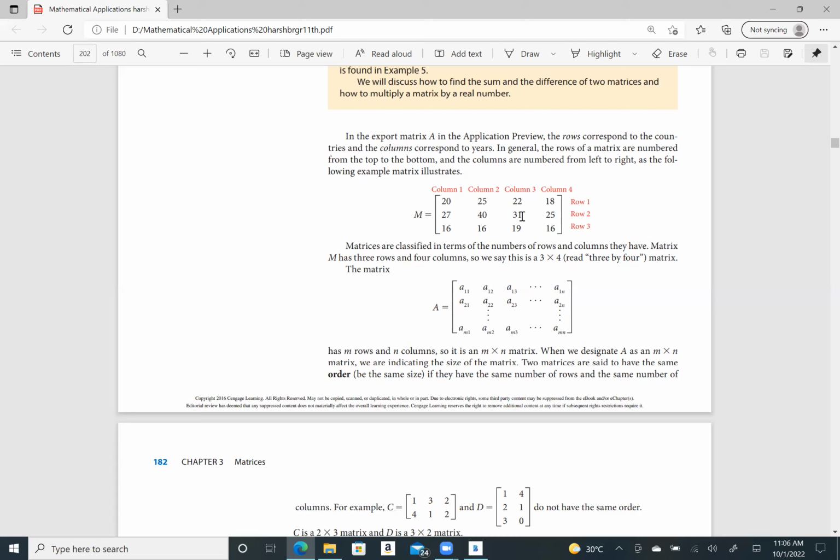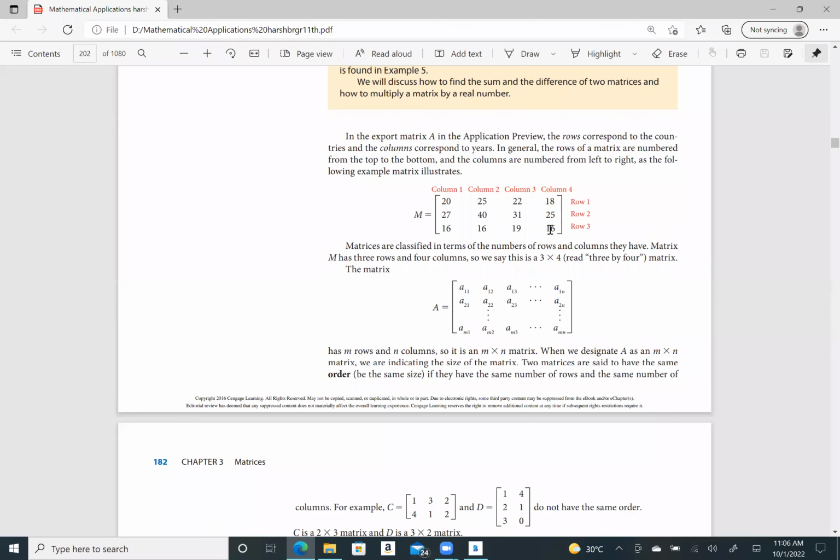What is its location? It's located at row number 2, column number 3. We can also ask, what is the element that is located at row number 3, column number 4? 16.